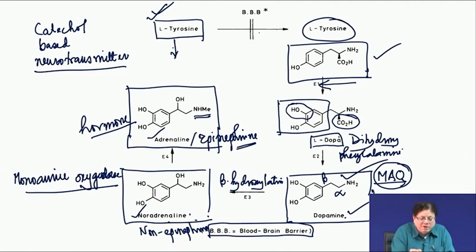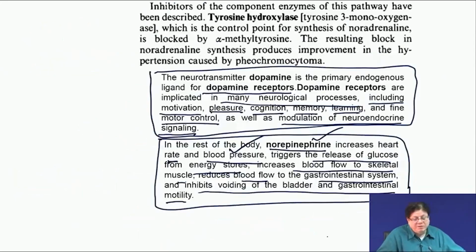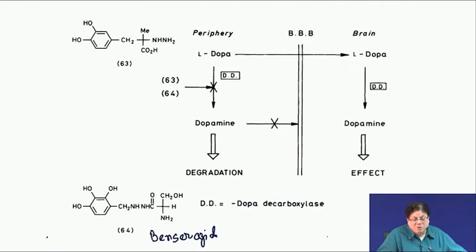So, that is gone. The next is, you can have a very direct approach, that dopamine is a very simple compound, you can make it in large quantities, but the problem is, if you take dopamine orally, the dopamine cannot cross the blood-brain barrier. I will show you here. This is basically what we are talking about.